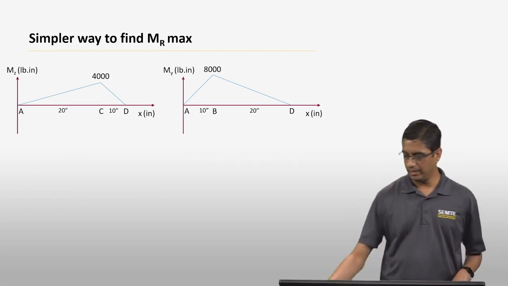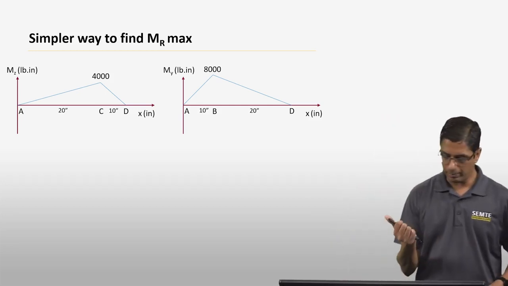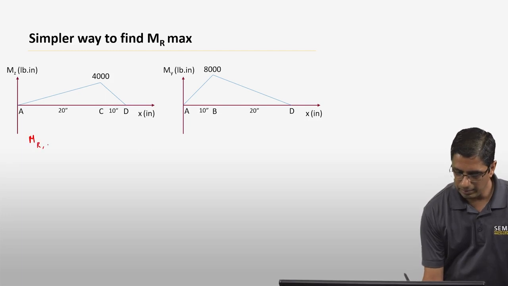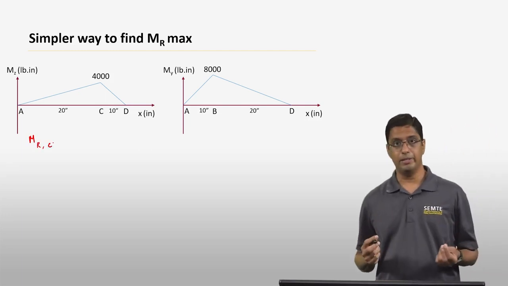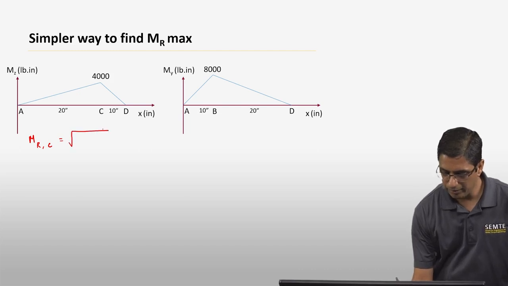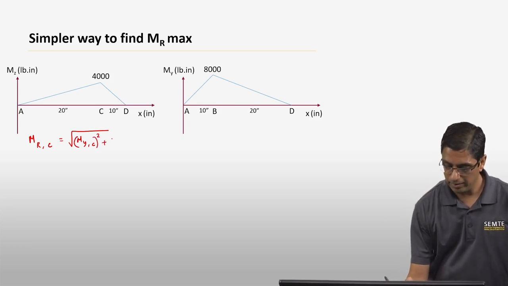If you look at point C, MR at point C, which is a critical point for MZ, is going to be equal to square root of (my at C) the whole square plus (mz at C) the whole square.